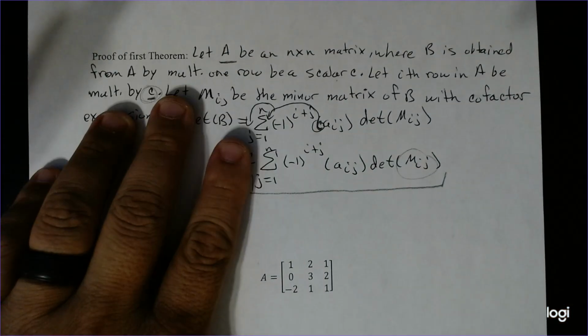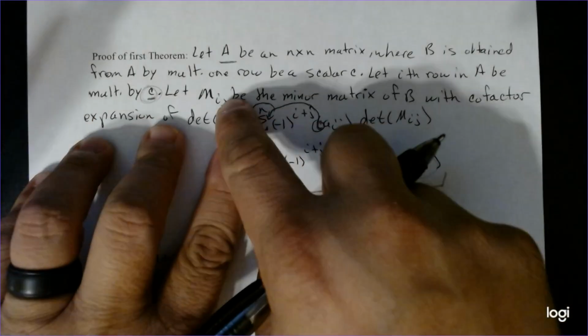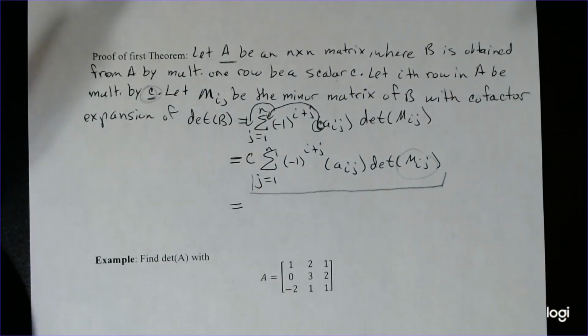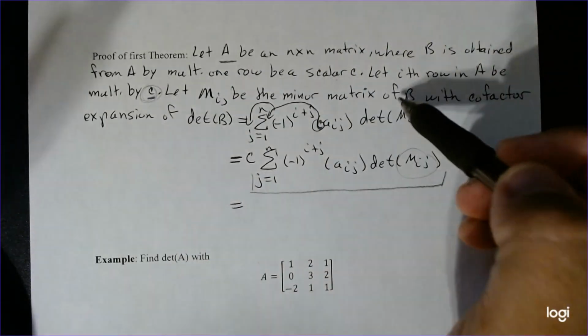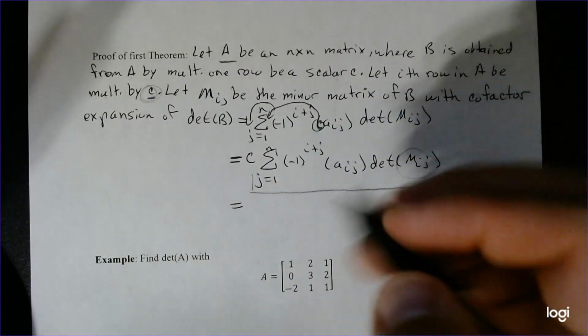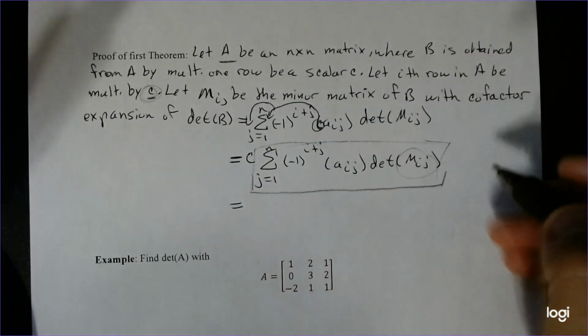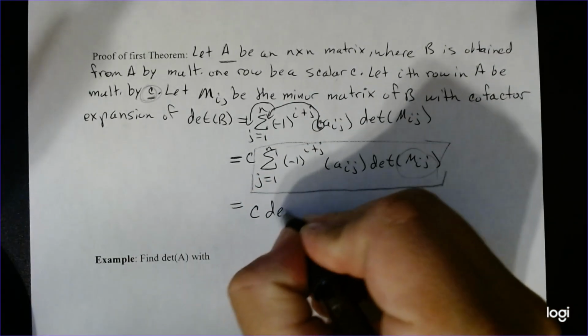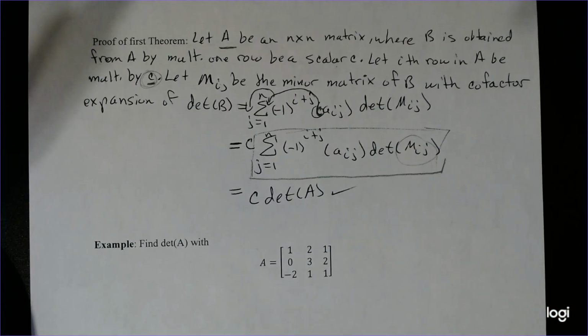Nothing has changed. This is the definition of its cofactor at this particular minor matrix, right? What was so special about it is just this letter C. This C was in its individual one here, but we took it out. It's not there anymore. So by definition, this right here is the determinant of A. Look at that. That's exactly what we get.